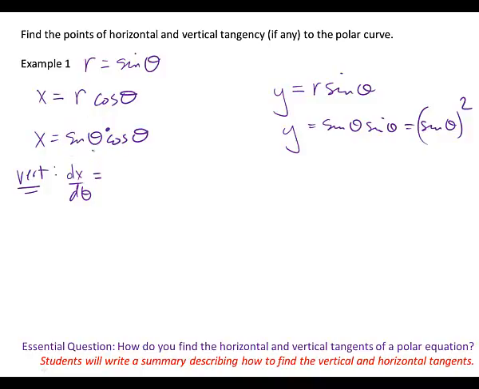Product rule says we keep the first. So what's the first? Sine theta, good. And the derivative of the second is what? Negative sine theta. Okay, so keep the first, derivative of the second. Then we keep the second, which is cosine theta. What's the derivative of the first? Cosine theta. Okay.